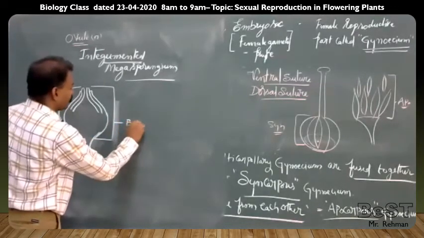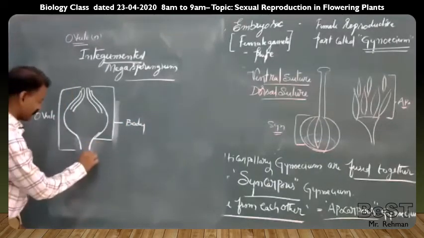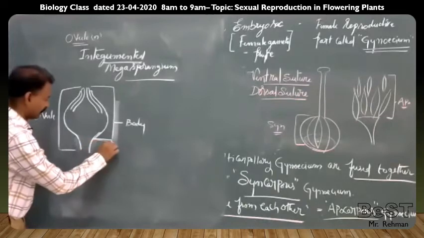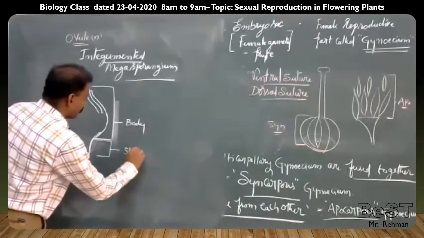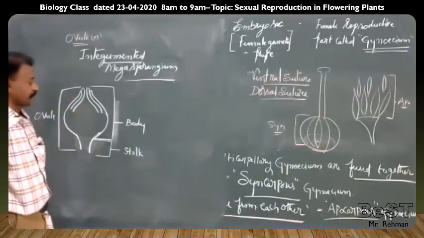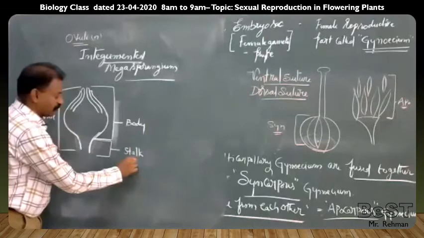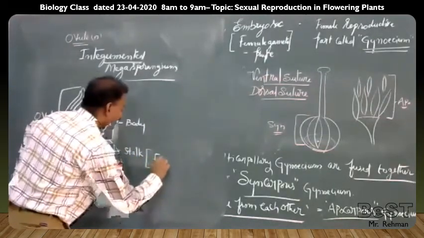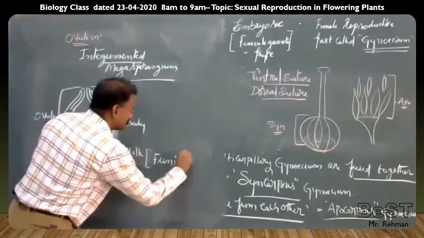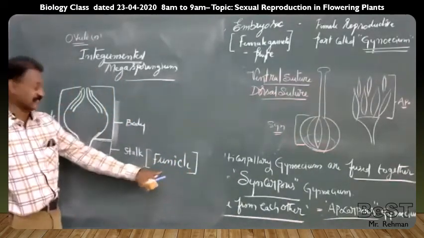Body of the ovule, from here to here, and stalk of the ovule. Body of the ovule, stalk of the ovule. The stalk is generally considered as funicle or funiculus, the stalk of the ovule.